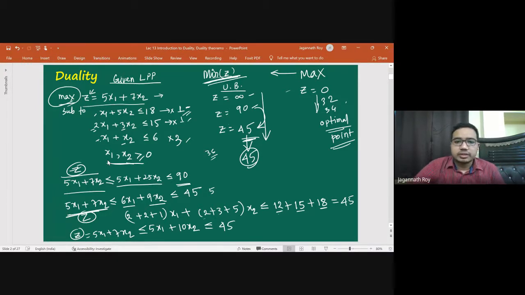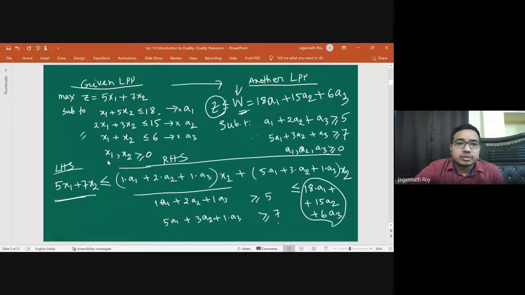Now we have seen that if we multiply with A1, then the problem becomes this form, as we saw in the last class. So this is another LPP.